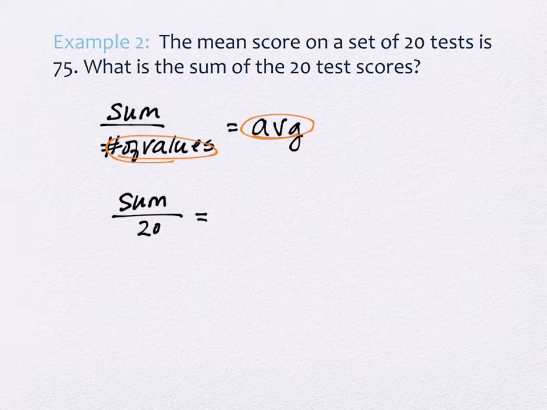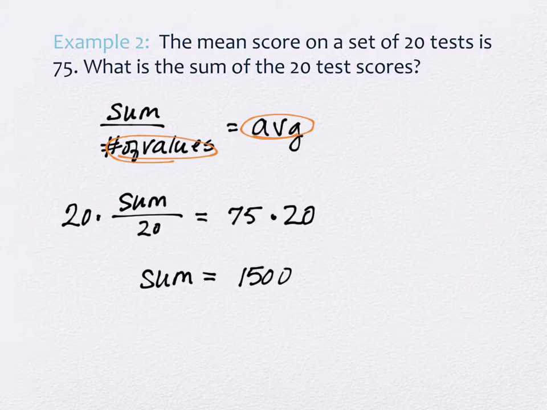And what does it say the average is? 75. So can I find the sum? Absolutely. What would I need to do? Yeah, I just multiply by 20, right? So what is 75 times 20? 1,500. So it's a variation on the idea of average.